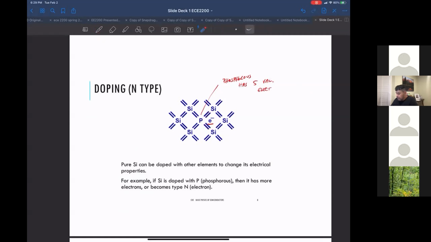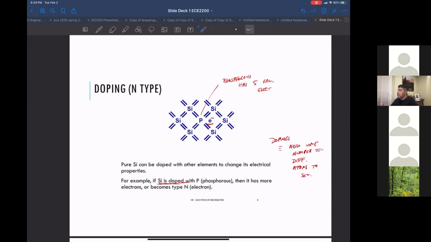So if we could add phosphorus to silicon, that process is called doping. Doping means somehow you managed to add some number of different atoms to your semiconductor. So as you add these phosphorus atoms, you end up with these extra electrons regardless of temperature.